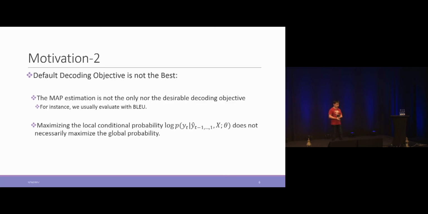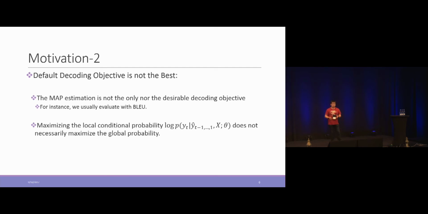For the motivation too, the default decoding objective is also not the best one we could choose. Even the MAP estimation is not the only desirable decoding objective. For example, we always evaluate translation using the BLEU score, not using perplexity or log likelihood.